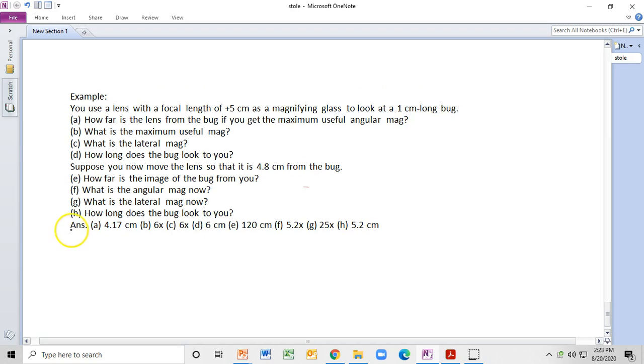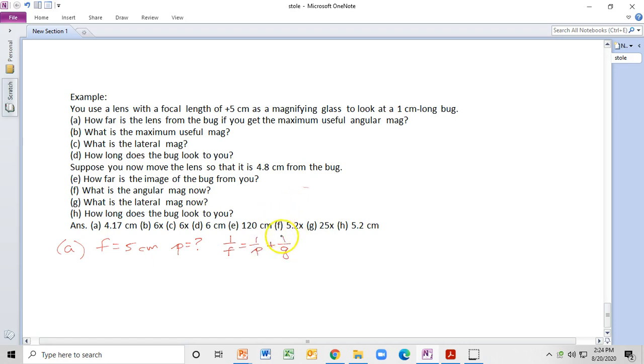Let's answer A. I know that my focal length is 5 centimeters. How far is the lens from the bug? What I'm really looking for is the object distance. I have two ways I could do this. I could use the thin lens equation directly to solve for p.